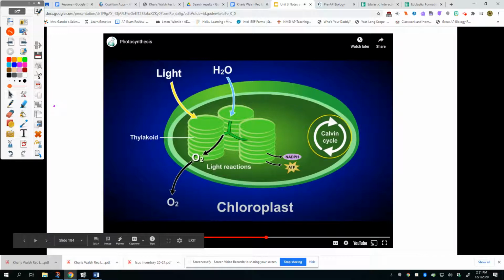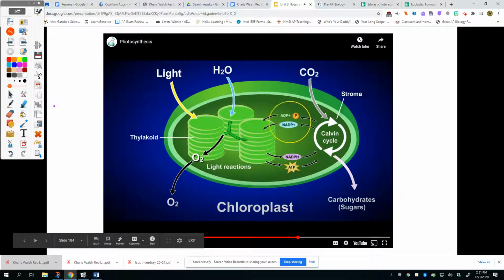The Calvin cycle reactions, commonly called the dark reactions or the light independent reactions, occur within the stroma of the chloroplast. Here, a series of reactions use the ATP and NADPH produced by the light reactions to turn carbon dioxide into carbohydrates. The NADP plus and ADP that were also produced by the Calvin cycle reactions are then recycled to be used by the next set of light reactions.